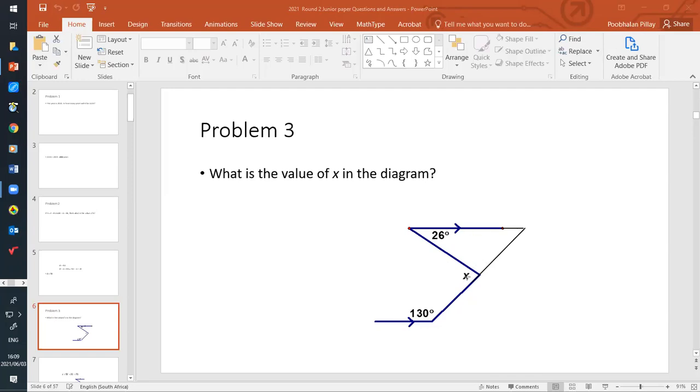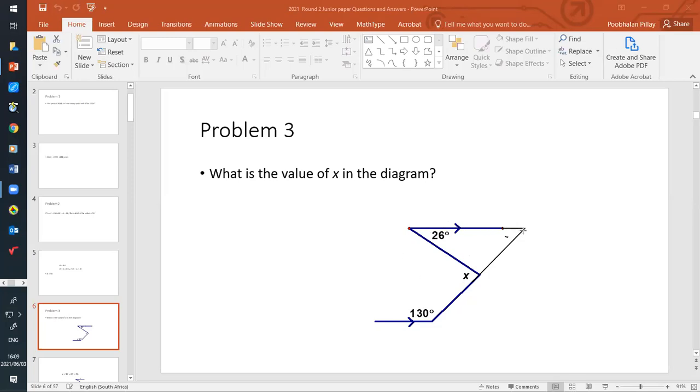Now, let's see, this is x. Clearly, it's an exterior angle of this triangle. And one of the angles is known. So we would be able to calculate this provided we know the other angle. And that angle now can be calculated because this angle here is 130 degrees.